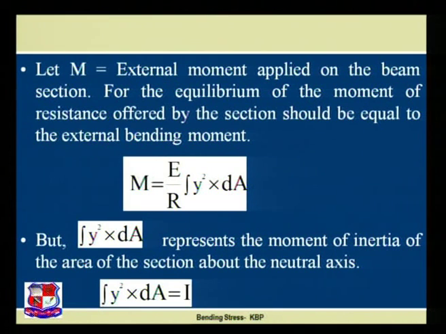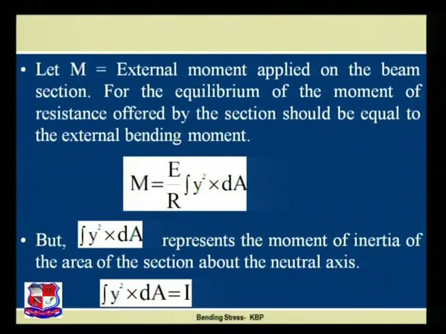Now, this total moment is defined as M. So, M is the external moment applied on the beam section. For equilibrium, the moment of resistance offered by the section should be equal to the external bending moment, and that is M is equal to E over R integration y square dA.